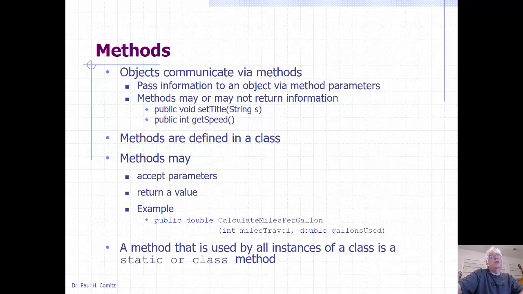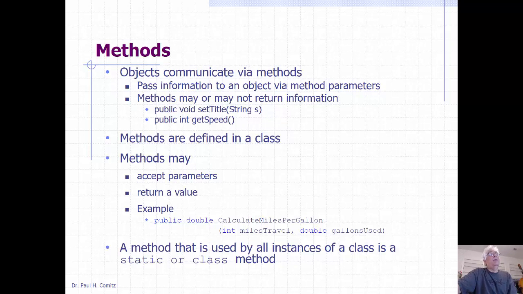That parameter is indicated as s in the parameter list. It could be called whatever you like. It's got public access. If you know what that means, great. More on that later. And notice here, void. Void implies that it does not return any information.